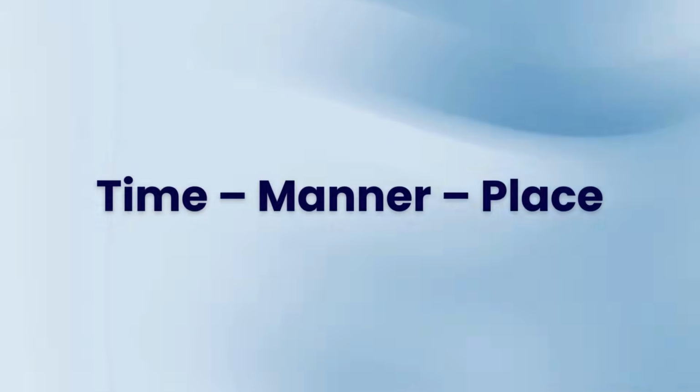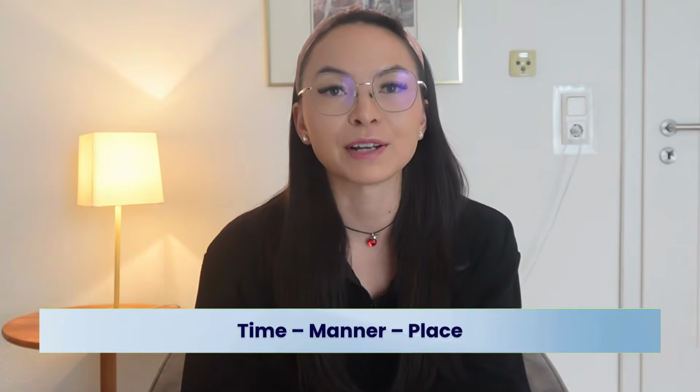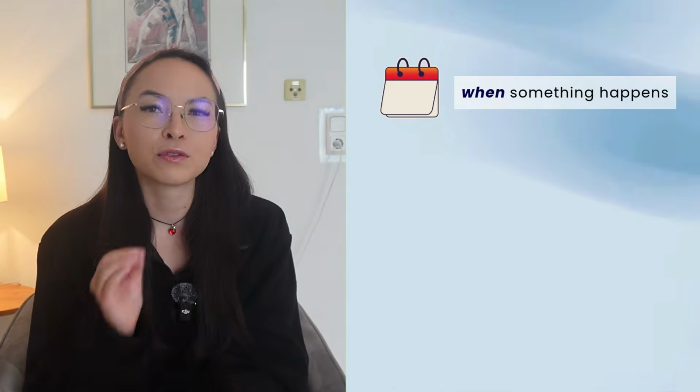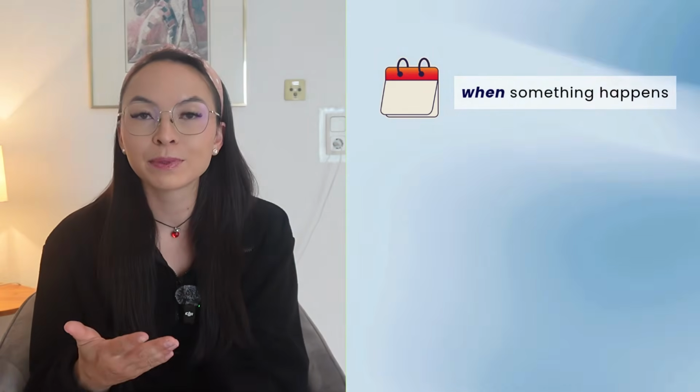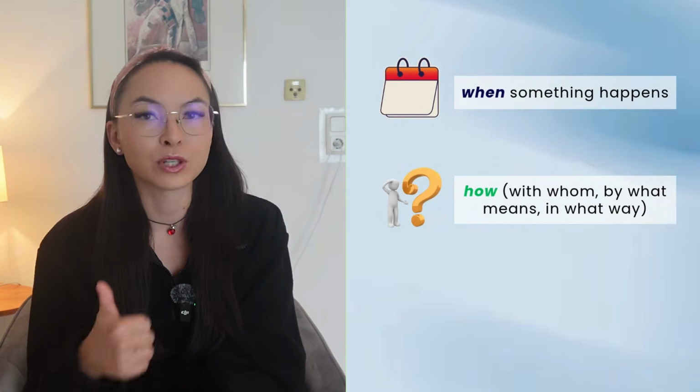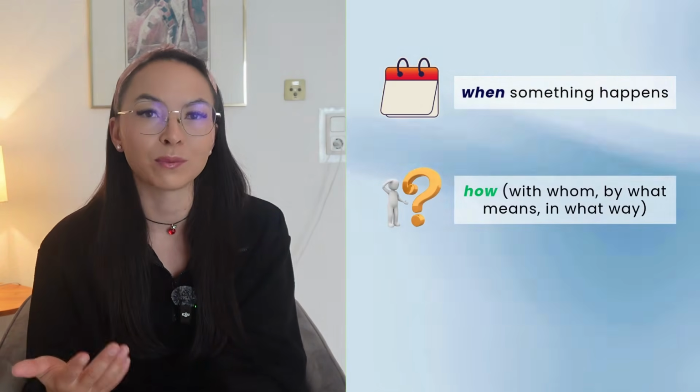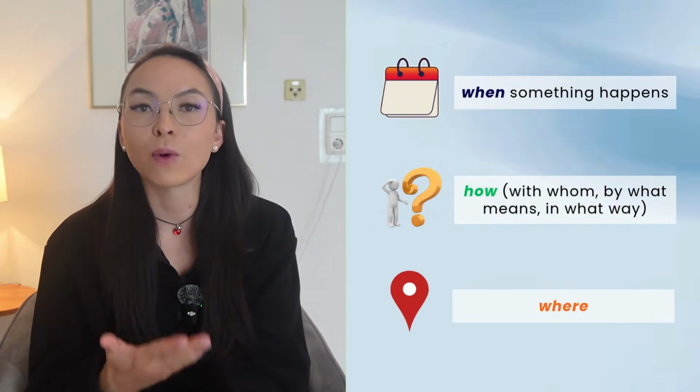Time, manner, place. Another super practical structure in German is the order of details in the sentence, like time, manner, and place. That means when you add extra information, there is a natural flow. First, you say when something happens, then how, so with whom, by what means, in what way, and finally, where.